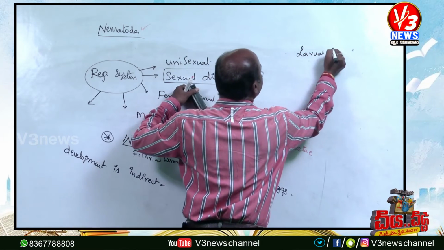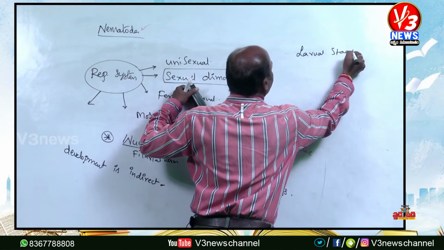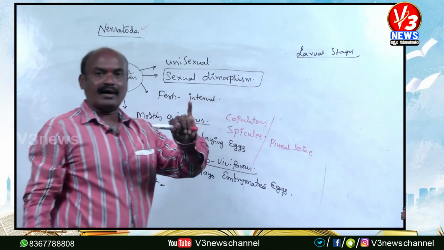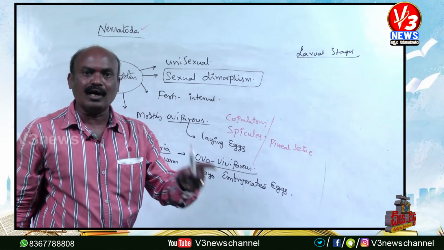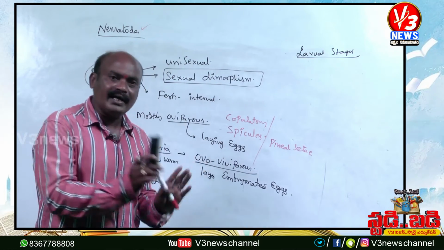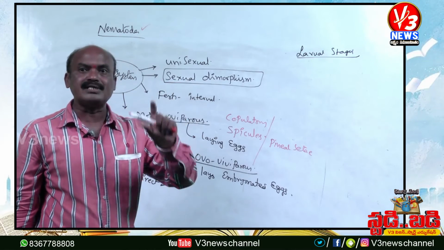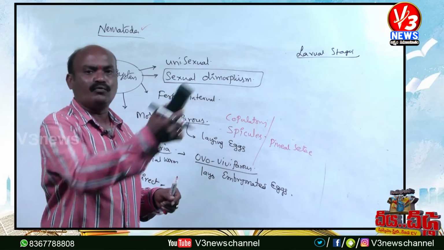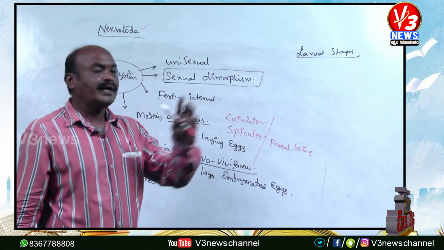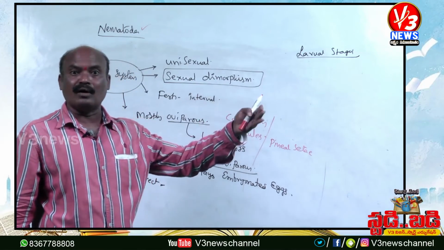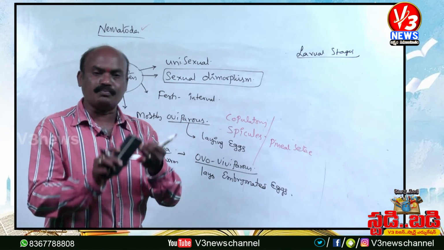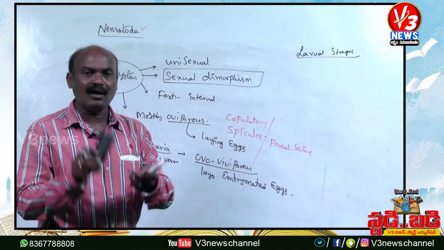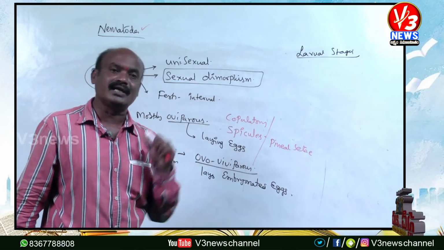See, we discussed in sponges the larval stages: amphiblastula, parenchymula, trichimella. In cnidarians, the common ciliated larval form is planula. In ctenophores, cydippid. In flatworms, miracidium, sporocyst, redia, cercaria, metacercaria.